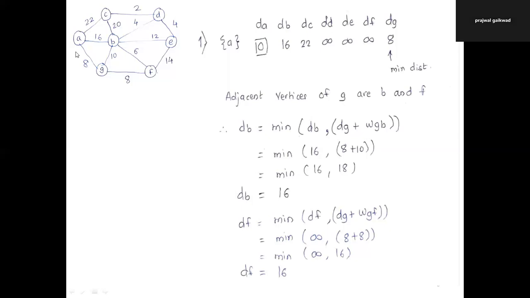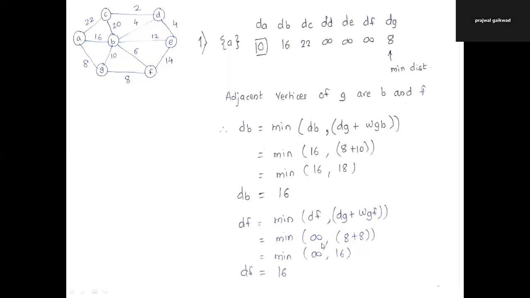And dF, we can reach from here also. That means G to F. At that time it is dG, which is 8, and G to F is 8, which makes 16. But F is not directly connected to A, so initially we have made it infinity.